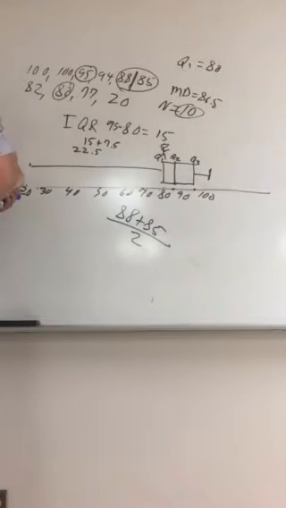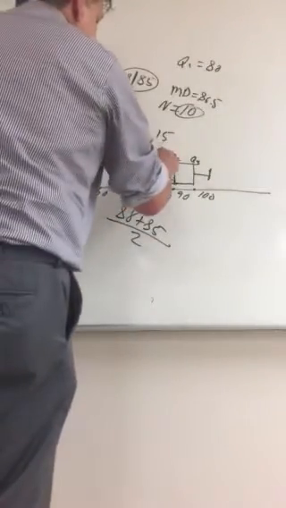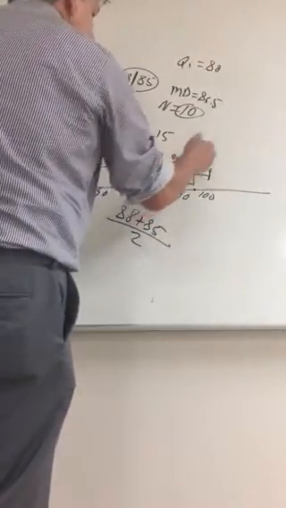So I've got 80 plus 22.5 would be equal to 102. Okay, so I'm standing at the wrong place, I'm sorry, I'm doing this a little bit backwards.